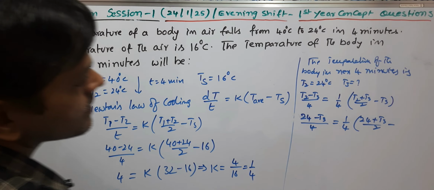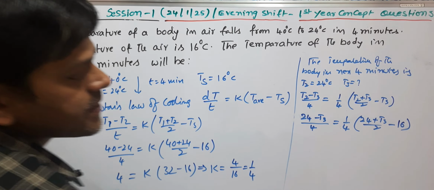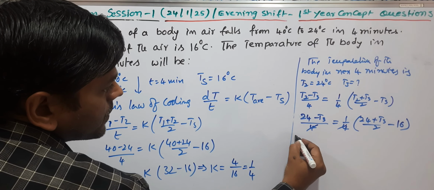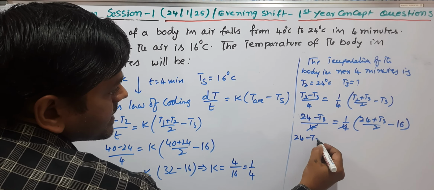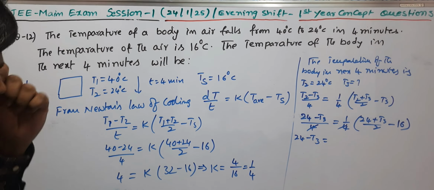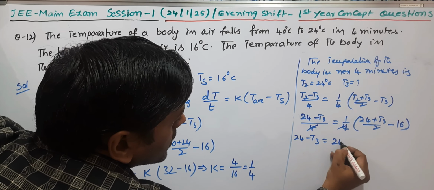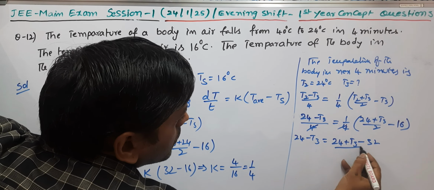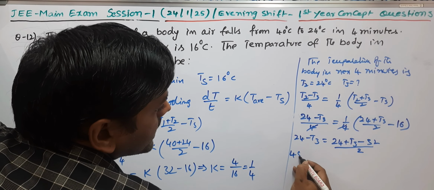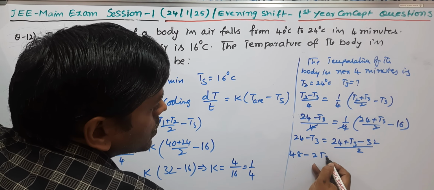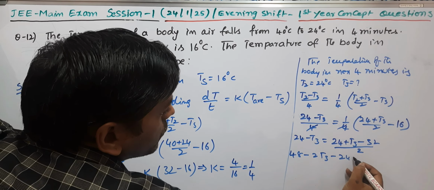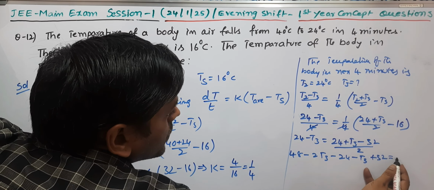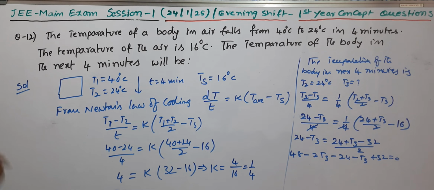Ts is 16, the surrounding temperature is not changed. So this 4 is cancelled. Then 24 minus T3 is equal to (24 plus T3 minus 32) by 2. That means 48 minus 2 T3 minus 24 minus T3 plus 32 equals 0.